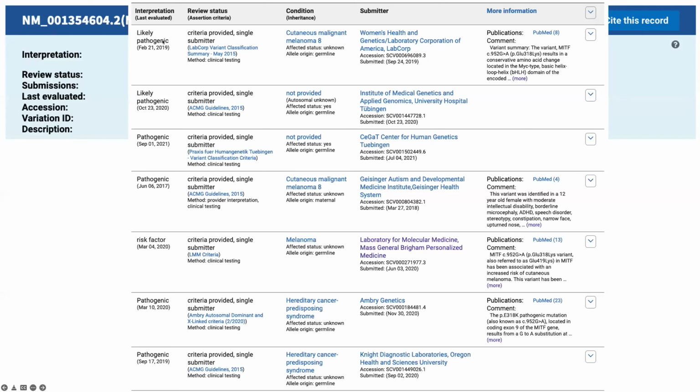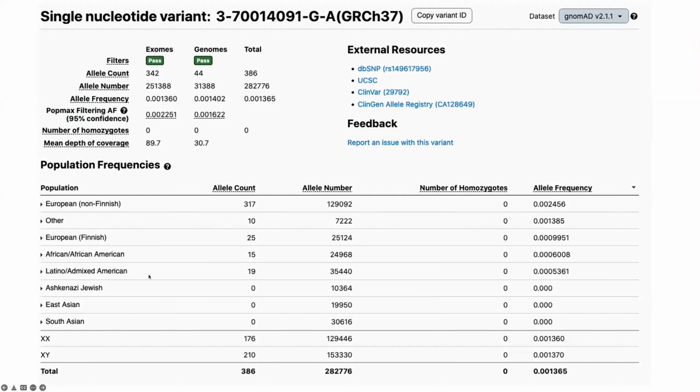But you see there is a spectrum of likely pathogenic to risk allele associated with this variant. It is a little less common than the prothrombin variant that we were looking at, but still pretty high frequency, higher than you might expect for a variant associated with hearing loss.